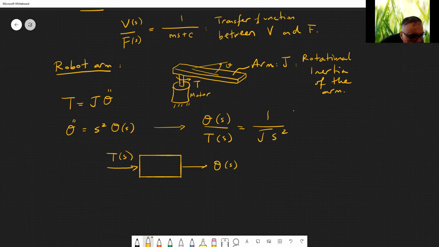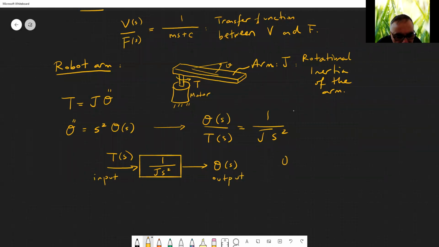So let's say this is 1 over J s squared. This is called the block diagram representation of this system. T of s is our input, theta of s is our output, and the thing that multiplies the input to give you the output is the transfer function.